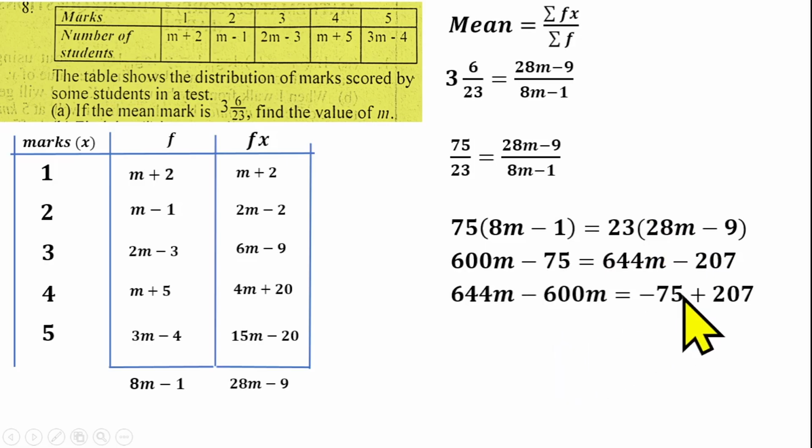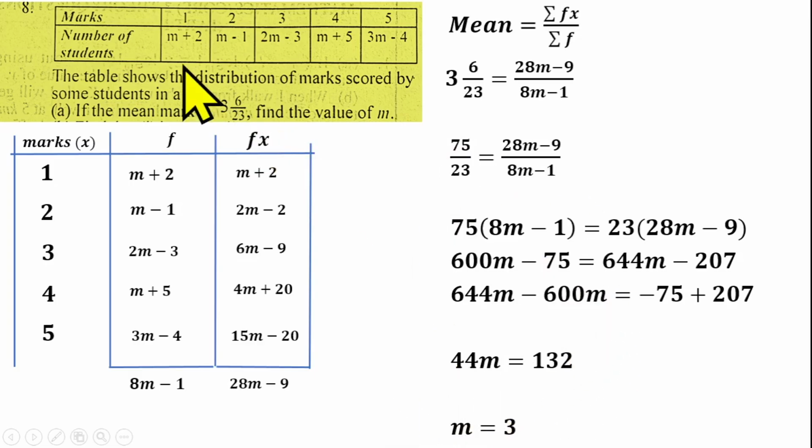Then if you subtract, that gives us 44m. Then minus 75 plus 207 gives us 132. If you divide both sides by 44, m equals 3. So the value of m, as you have been asked to find, is 3 in this case.